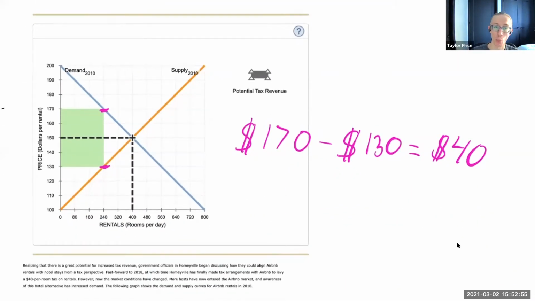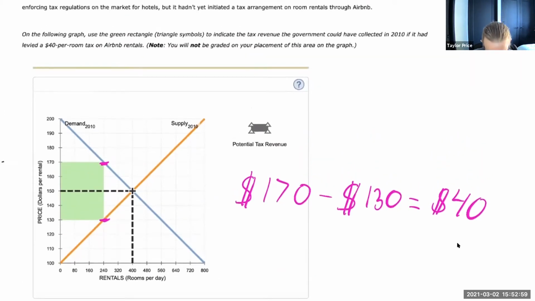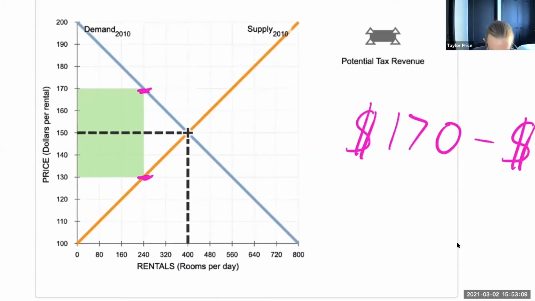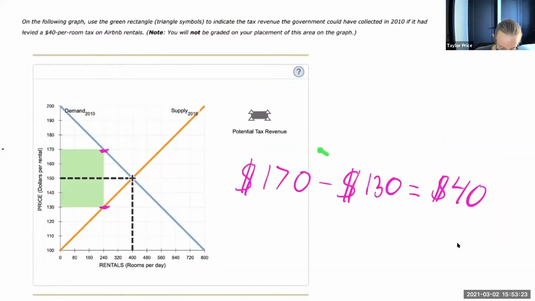What we have to do is find the amount of the tax, which is given to us here, where it says it's levied at a $40 per room tax. So all we need to do is position it so the point on the demand curve and the point on the supply curve differ by $40, which in this case is going to be $170 for consumers and $130 for producers.